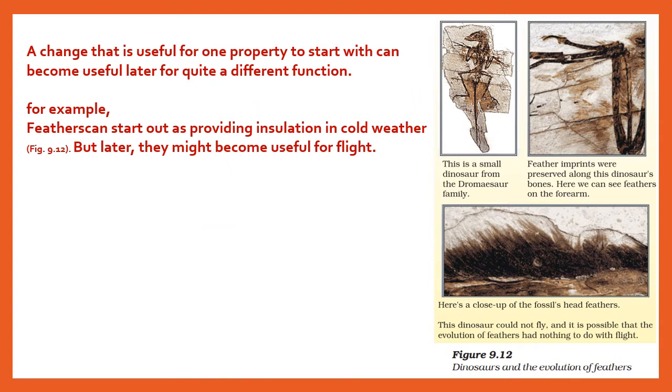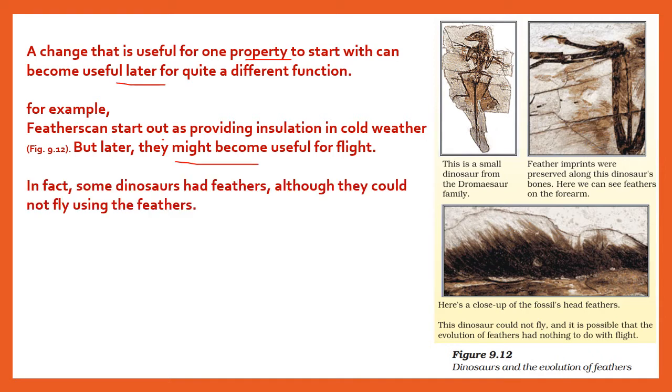A change that is useful for one property to start with can become useful later for a quite different function. For example, feathers can start out as providing insulation in cold weather, right? But later they might become useful for flight. In fact, some dinosaurs also had feathers, although they could not fly using the feathers.